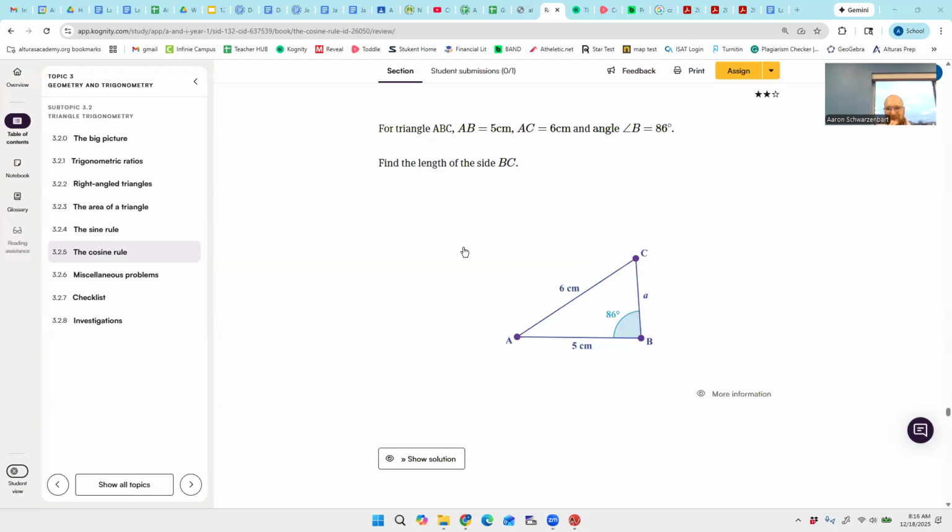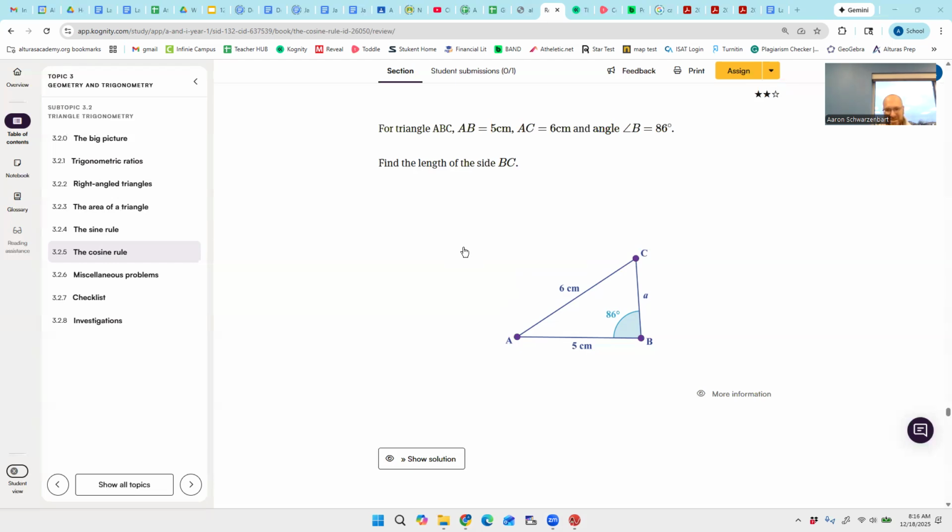Okay, this time the triangle ABC, we have found the length of BC. I don't want to use the law of cosines on this one. Is it because you don't have A?